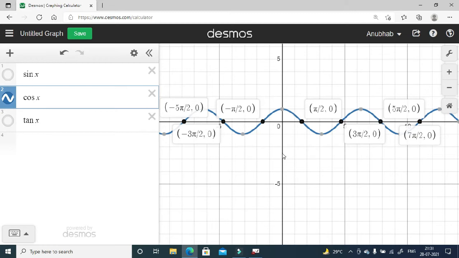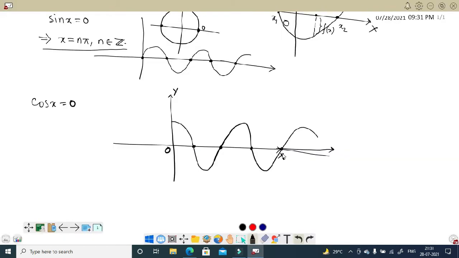So let us see in the graph. So here we can write that cos x equals 0 will give you all the odd multiples of pi by 2, that we can write like this: (2n plus 1) into pi by 2, where n is an integer. So in this way we can find the solutions for cos x equals 0.